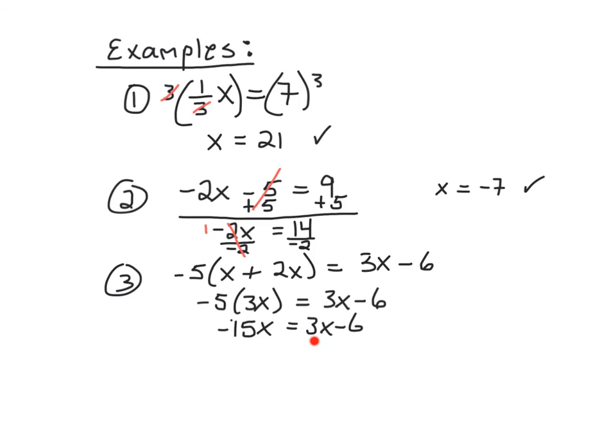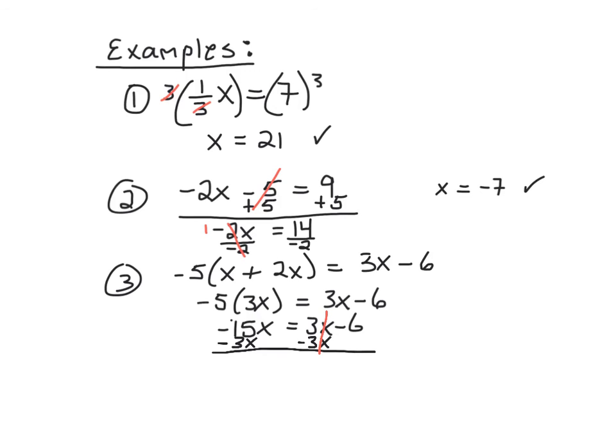Now I'm going to do step 2, which says get my variable term on one side of the equation. I'm going to move my 3x over. To move my 3x, I'm going to subtract it. Again, we do the opposite operation. It's positive up there, so I'm going to subtract it to move it. And again, as long as I do it on both sides, I'm good to go.